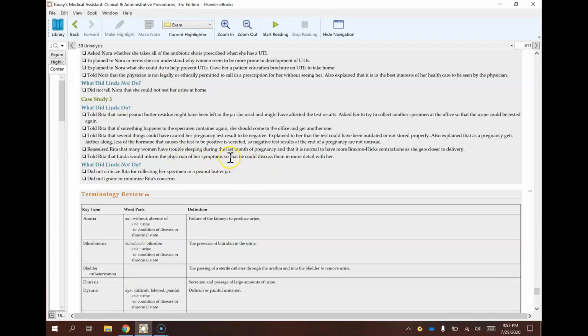She did tell Rita several things could have caused her pregnancy test to be negative. Explained how that test could have been expired or not stored properly. She reassured her that women have trouble sleeping during the last month of pregnancy. So again, she wanted to calm her down.